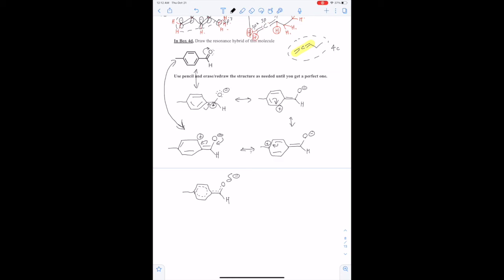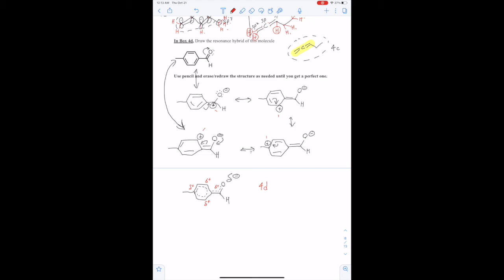And then for the positive charges, let me just do this in red, there would be a small one at every atom that was positive. So starting with this one, and then one right here, and the last one will be right here. So that is the answer to 4D.